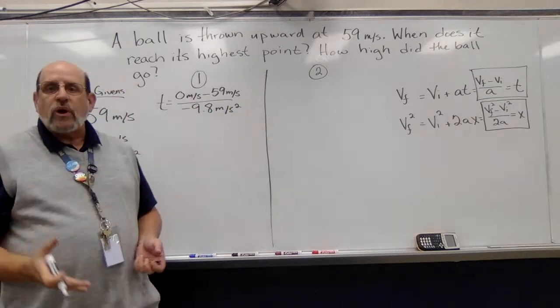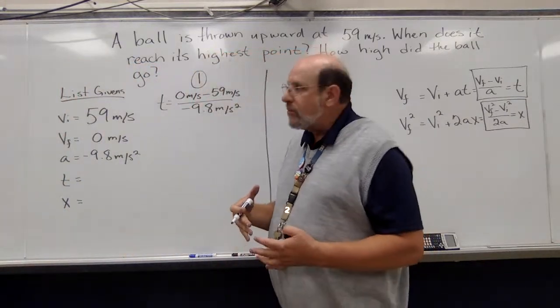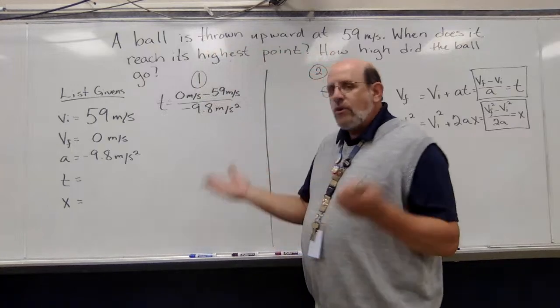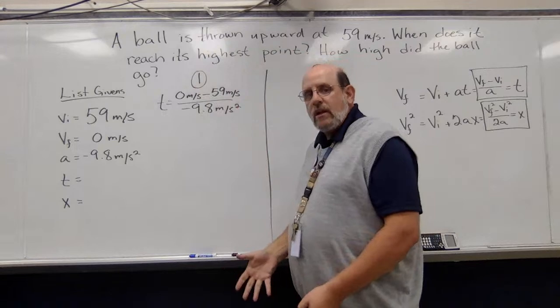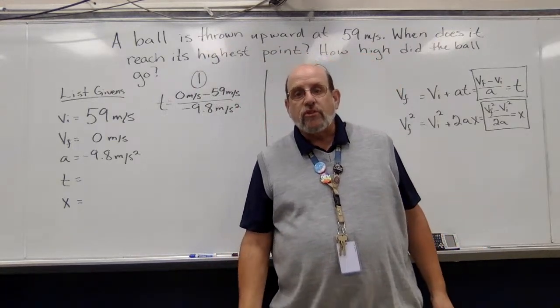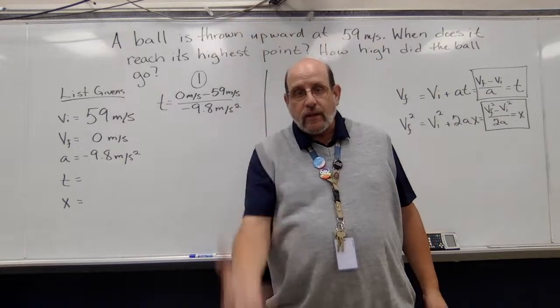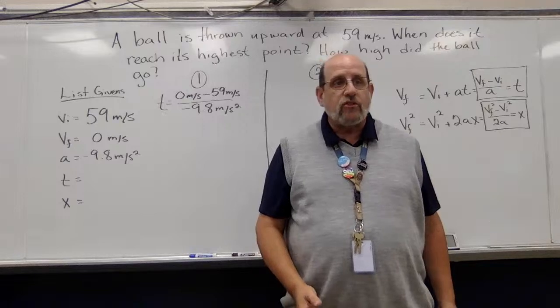And one of those questions we had on our sheet when we were working on those questions today is, how do we decide whether gravity is going to be negative or positive? Well, we said that if we throw something upward and it comes down, we have two different directions that the object is traveling.